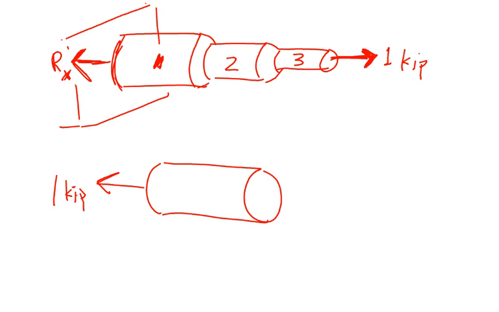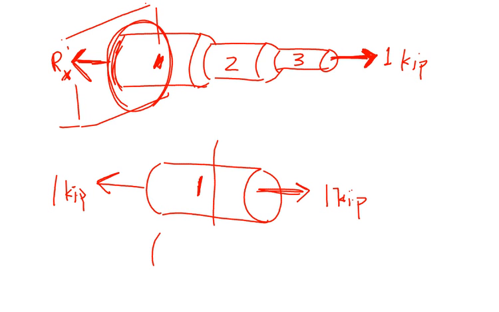All right? So how do I keep 1 in equilibrium if it's got this one kip force pulling on the left? Well, I must have one kip pulling on the right. Okay? Does it matter which part of 1 I look at? Like, what if I just took this piece of rod 1? That means I don't even look at the whole piece. I just look at half of it.